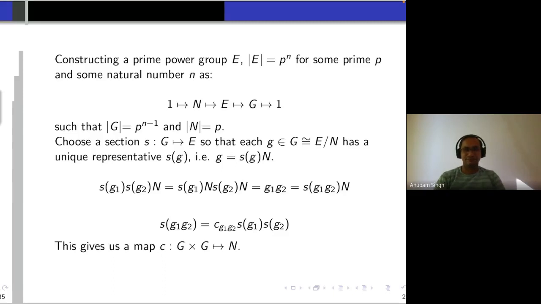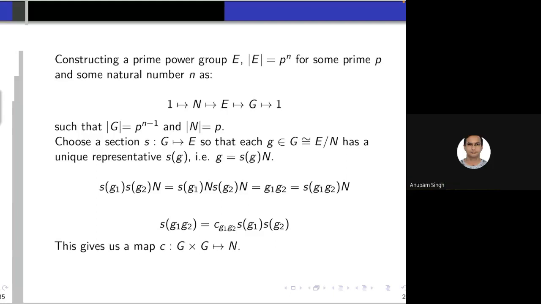Of course, if a group of order p to the power n is given, it can be realized as a central extension, because the center is non-trivial. Choose the central subgroup of order p, and then you have such a short exact sequence.